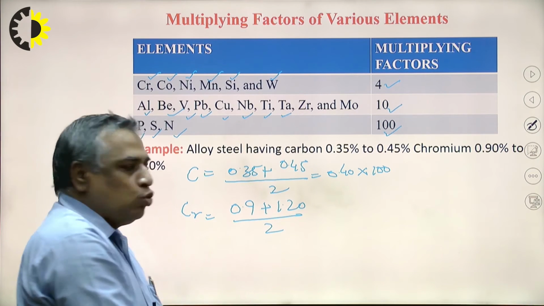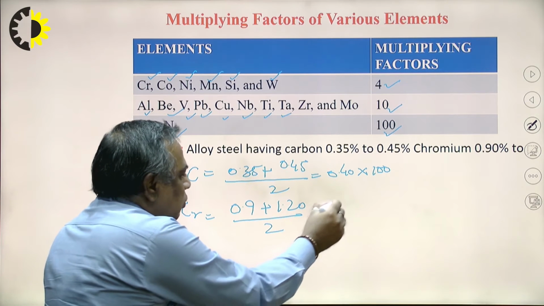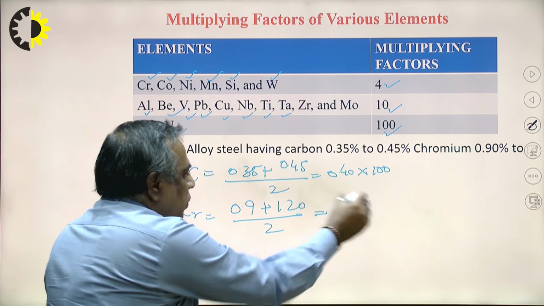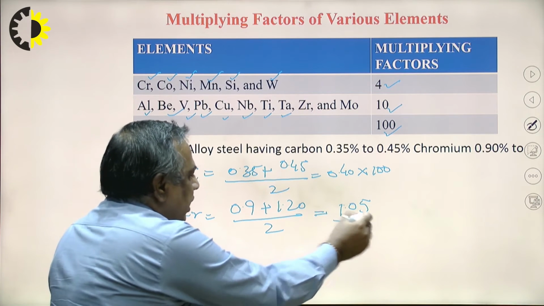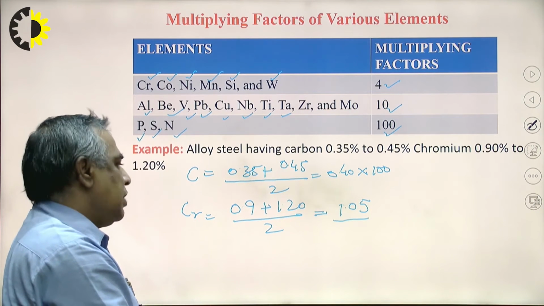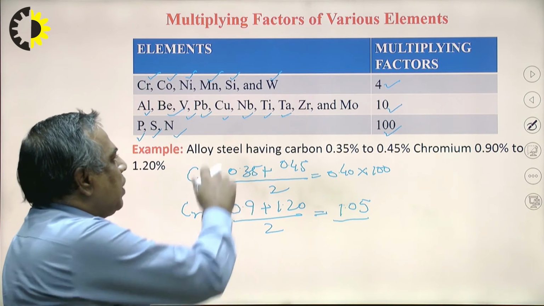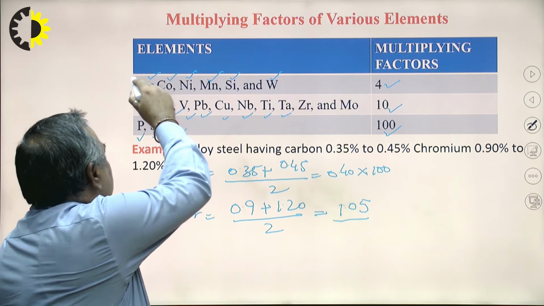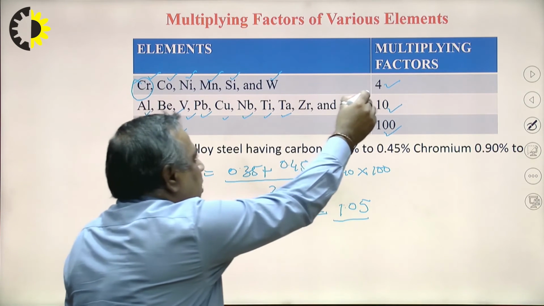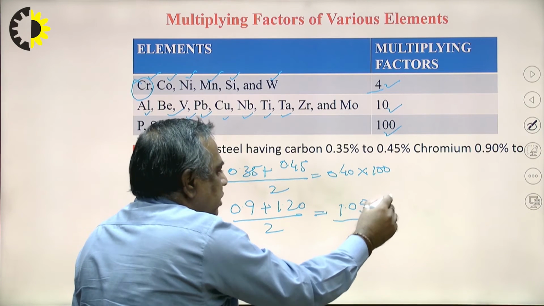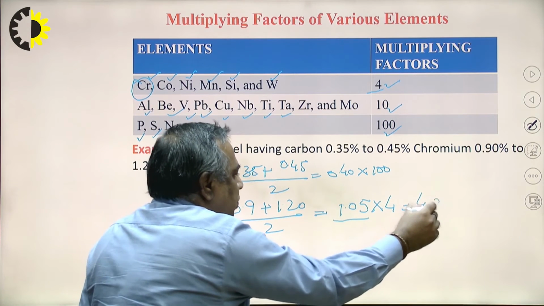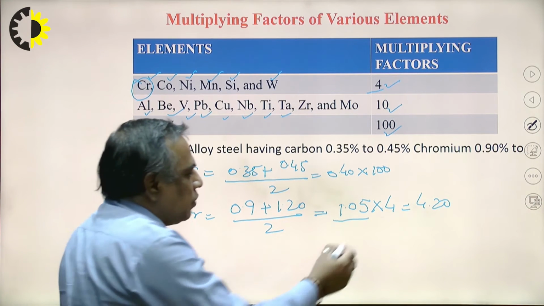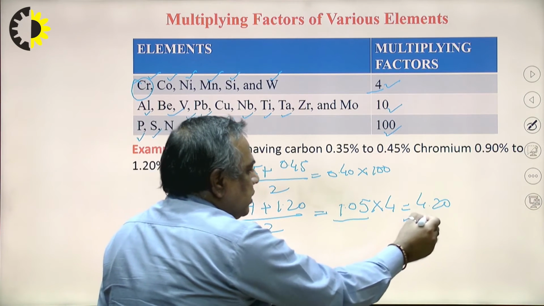This is 2.10, divided by 2, it will be 1.05. And this 1.05 average percentage content must be multiplied by the multiplying factor from this table. So here we find chromium, and the multiplying factor is 4. So we multiply it by 4, it will be 4.20. After multiplication, this must be rounded off to the nearest integer, so it is 4.